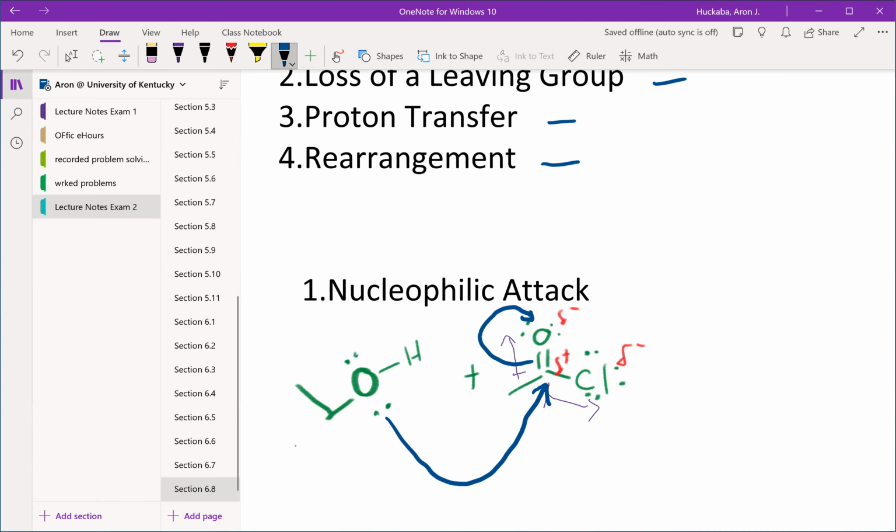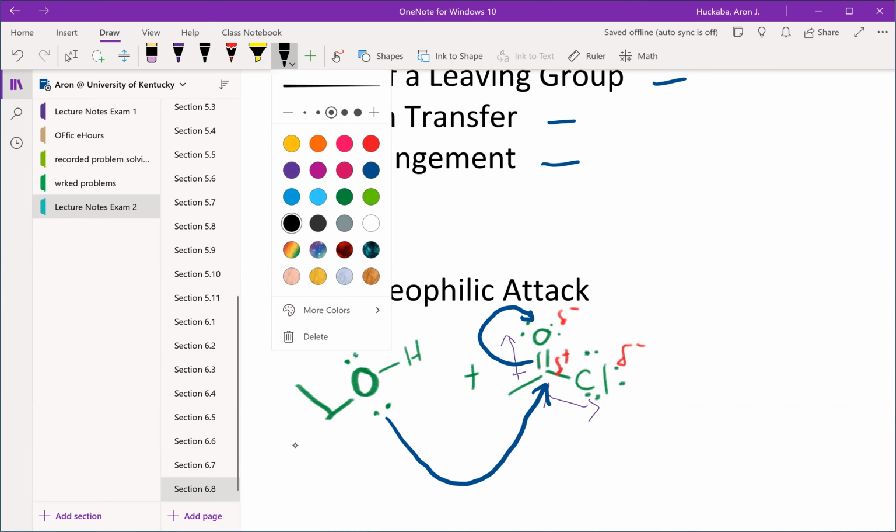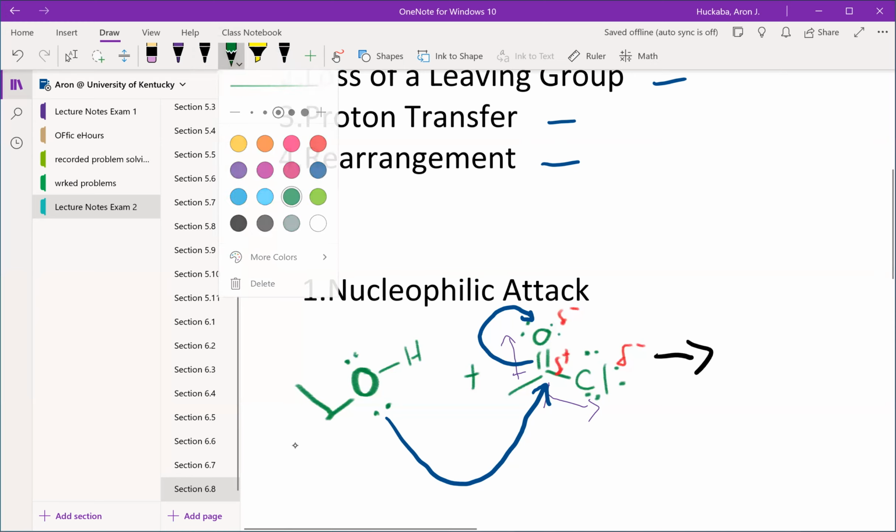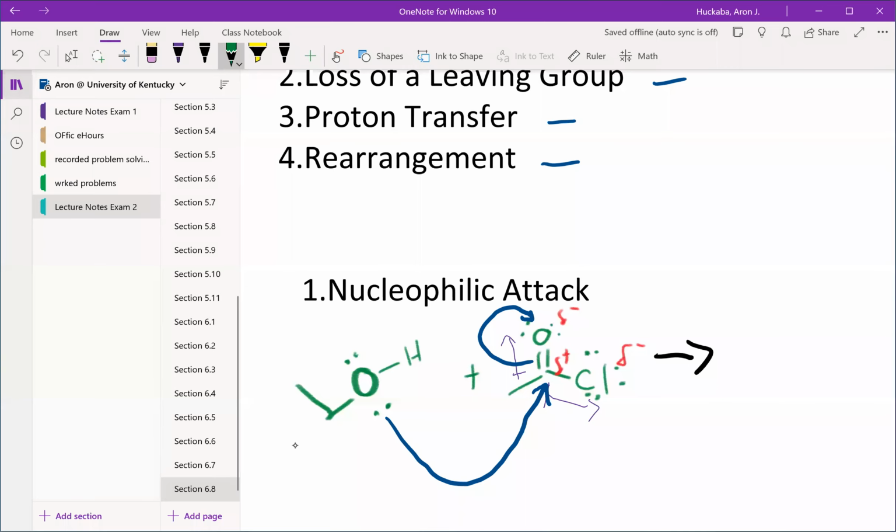And when they do that, our product of this reaction will look like this, where we have now here's that oxygen, and its hydrogen here, and it attacked the carbon, with the oxygen that now has a negative charge, and the chloride.